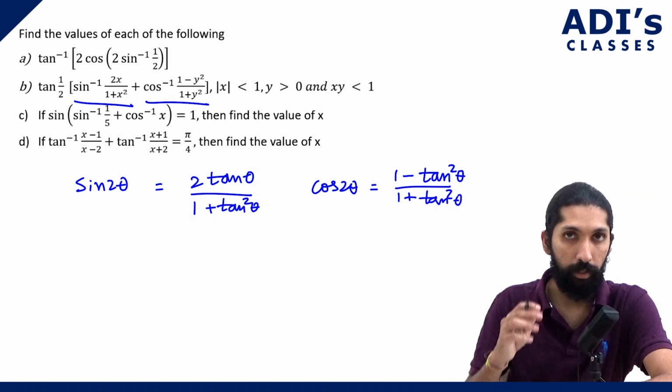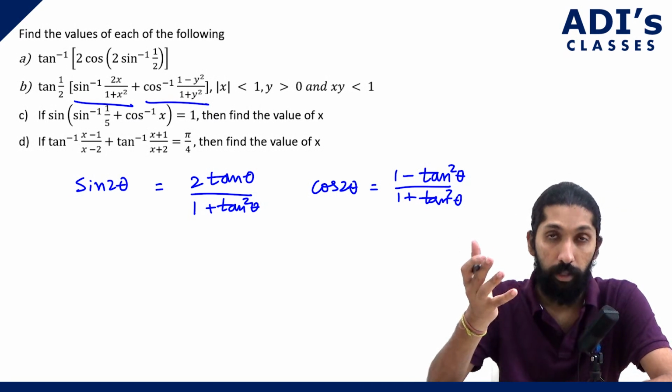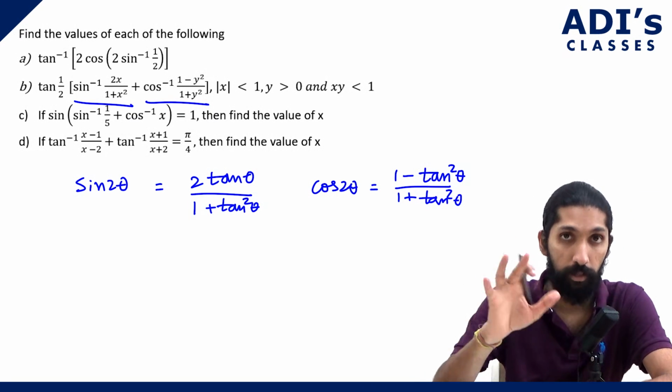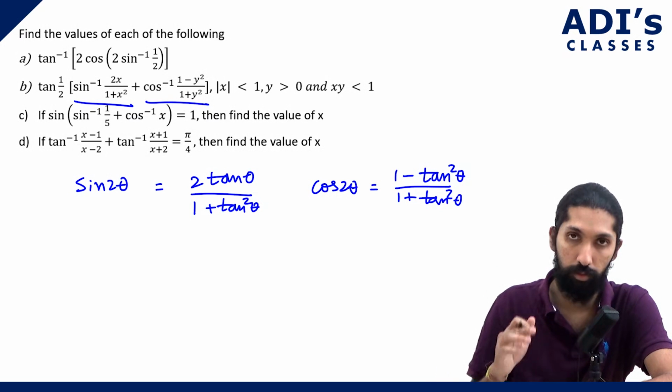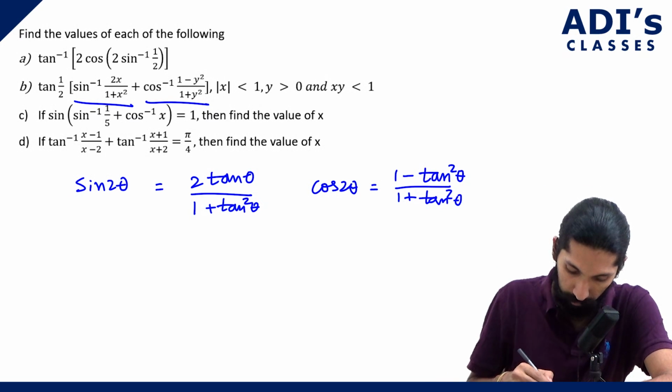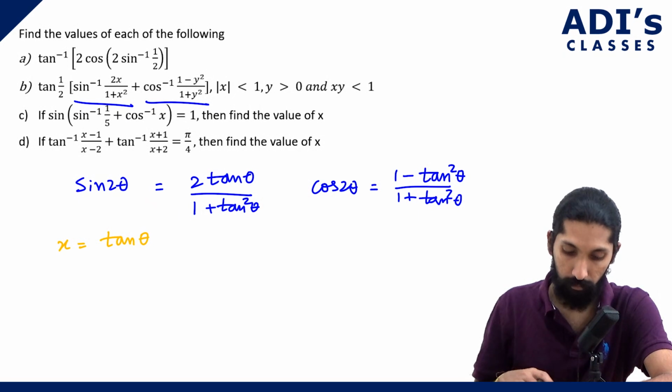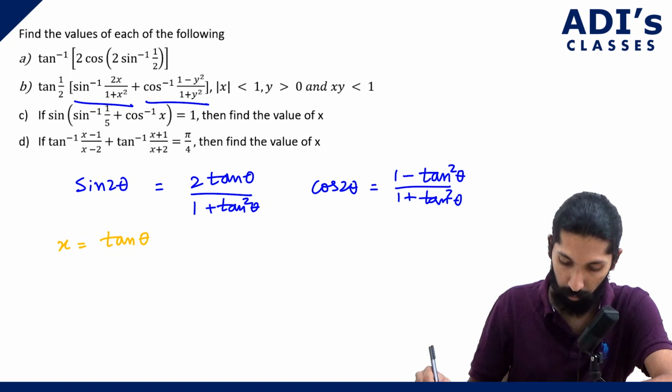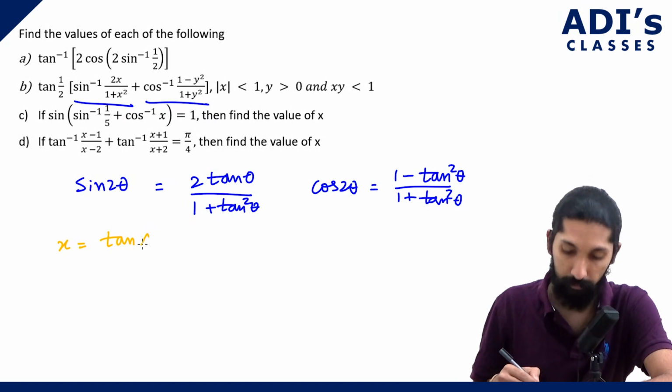Now, if you think about it, can you relate to it? If you can, it's fantastic. If not, just go step by step, no issues. Take x is equal to tan theta, or you can say x is equal to tan of a.